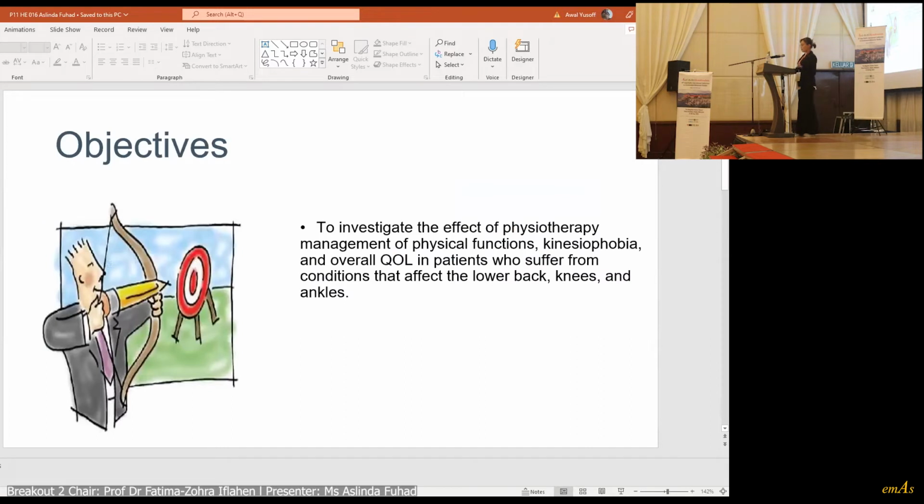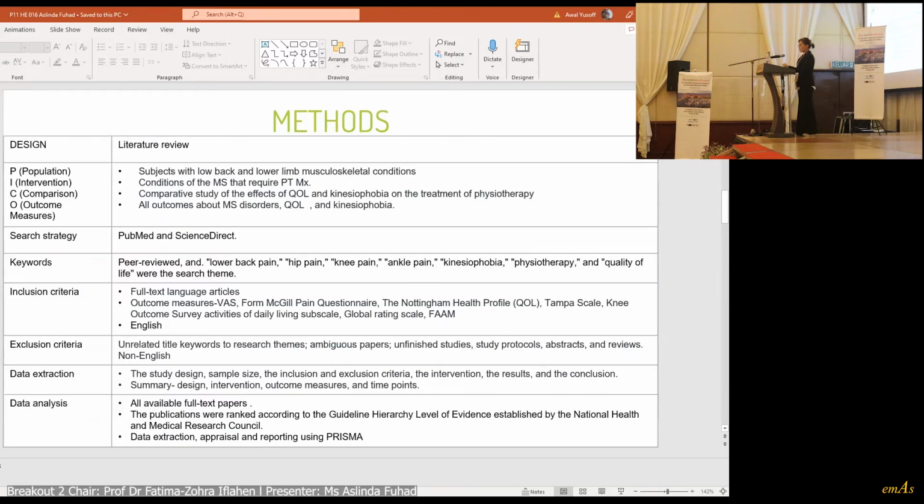The objective of my study is to investigate the effects of physiotherapy management on physical functions, kinesiophobia, and overall quality of life in patients who suffer from conditions that affect the lower back, knee, and ankles. These are my methods. The design is a literature review, and I used PICO.